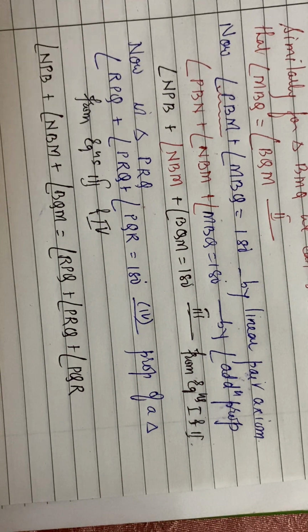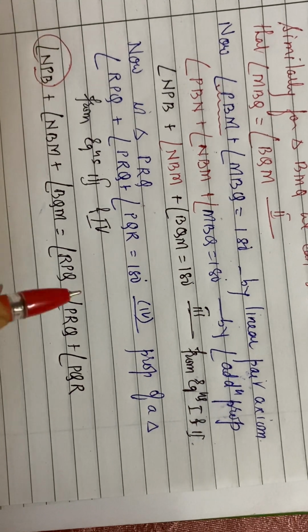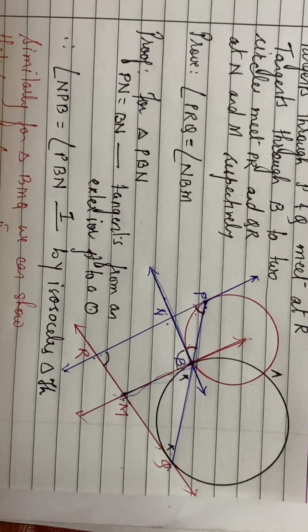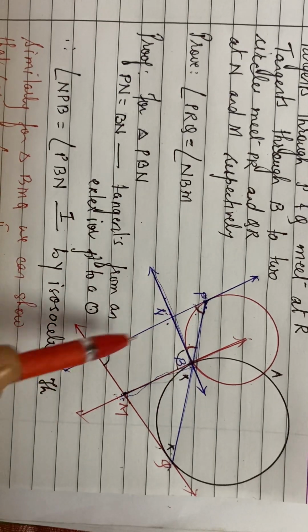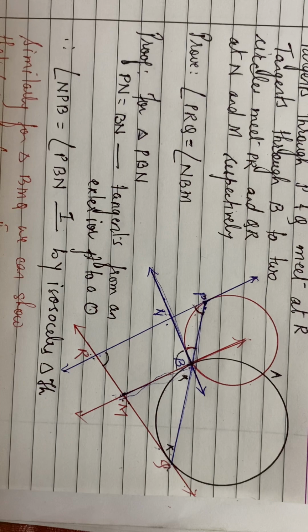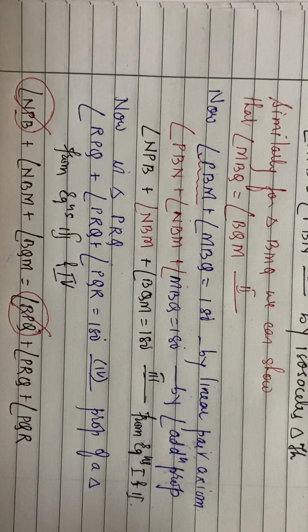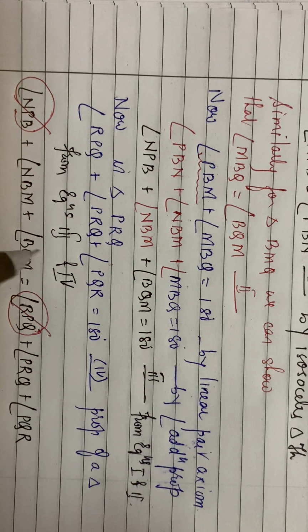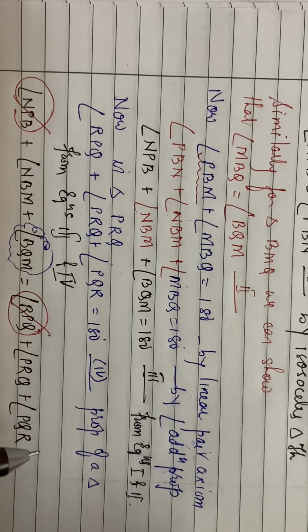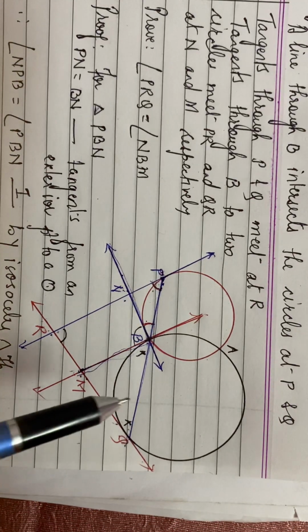Fine. Now look at the vertices. Angle NPB and angle RPQ, they are one and the same. So they will be cancelled. Now look at angle BQM and angle PQR in the figure.